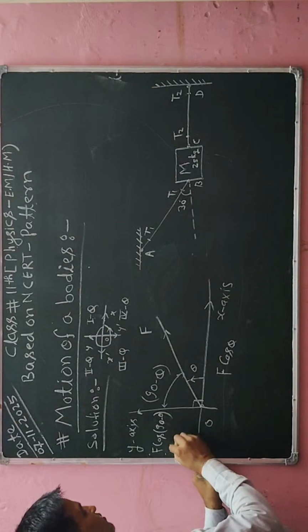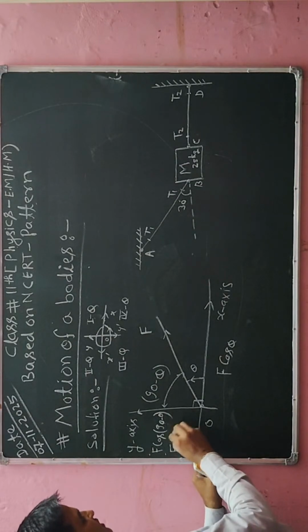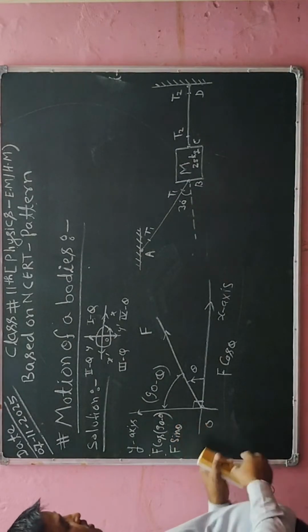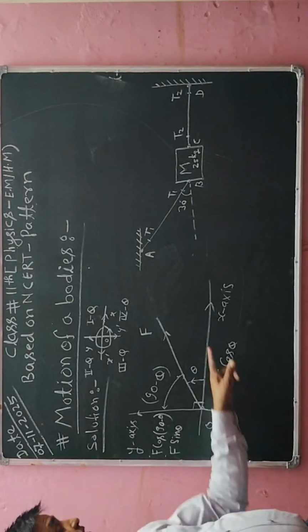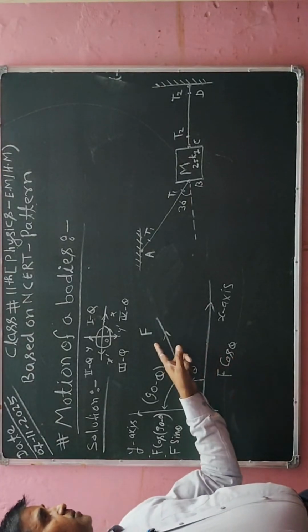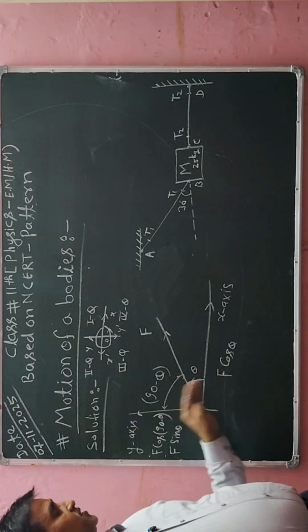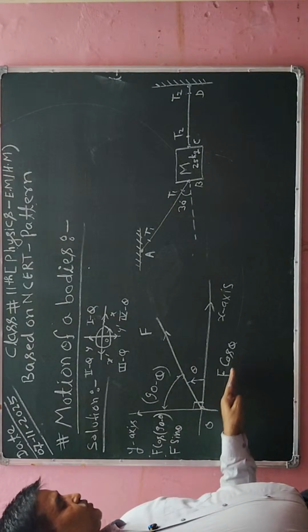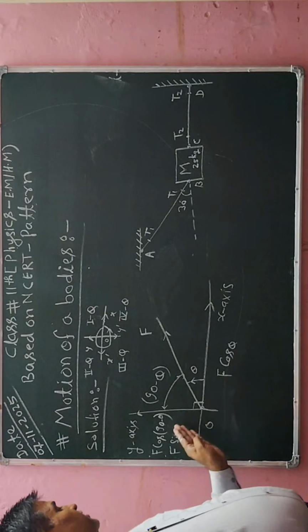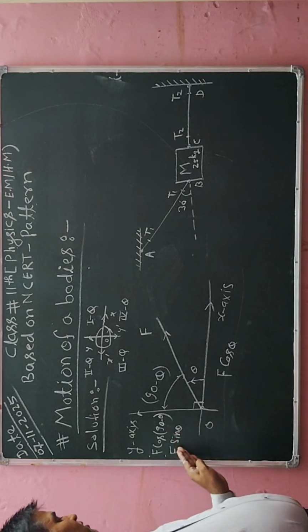So cos of 90 minus theta is coming in the first quadrant, and in the first quadrant all trigonometrical ratios will be positive. So I will put here F sine theta. So I have resolved the F component along x-axis and also along y-axis. Along x-axis I write F cos theta, but along y-axis I write F sine theta.